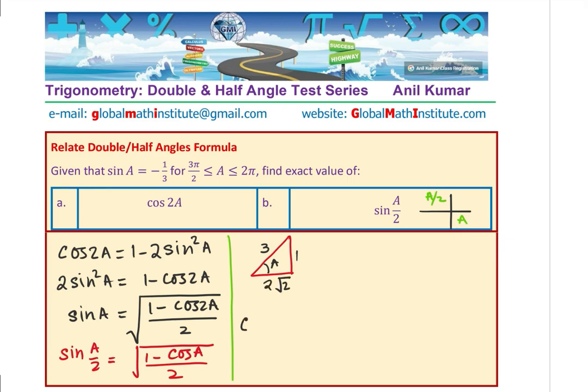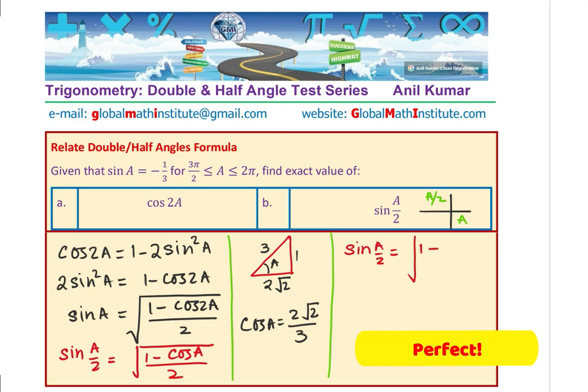So we found that cos A is basically 2 square root 2 over 3. Using this, we can find sine A by 2. Sine A by 2 will be the square root of 1 minus cos A, which is 2 square root 2 over 3, divided by 2.